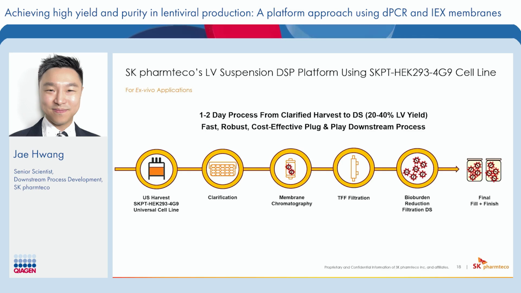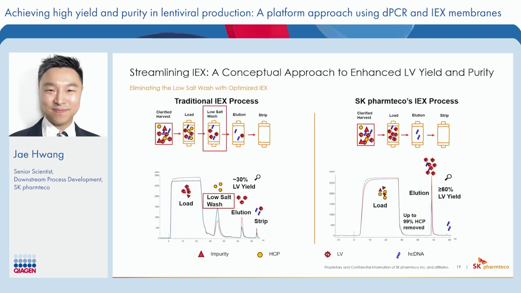Our next slide will show you the difference between the traditional anion exchange chromatography step and our optimized anion exchange chromatography platform process. So here on the left, you see our traditional anion exchange chromatography process, which involves a low salt wash to remove impurities, followed by elution and then a strip. In contrast, our new simplified anion exchange chromatography process eliminates the low salt wash step entirely.